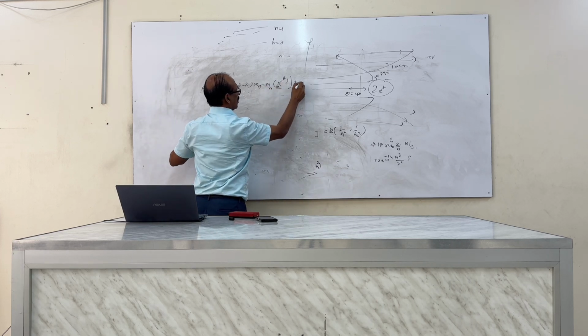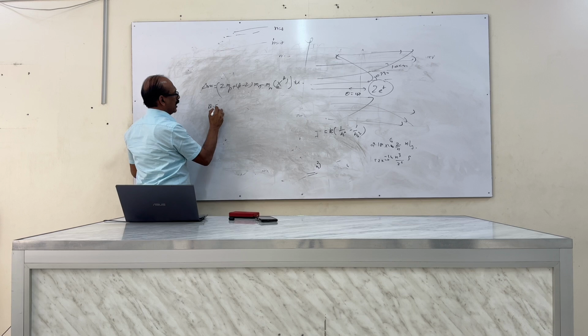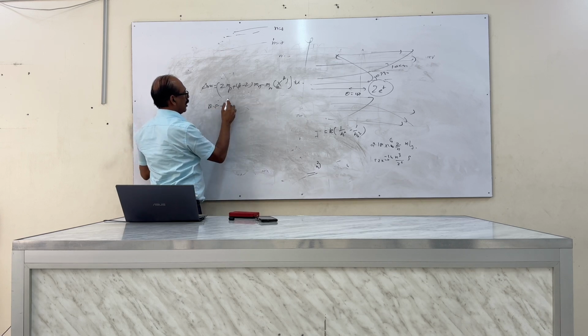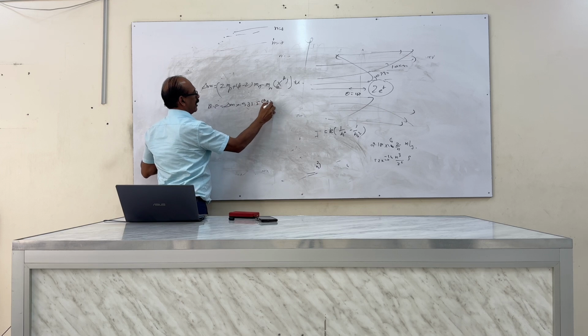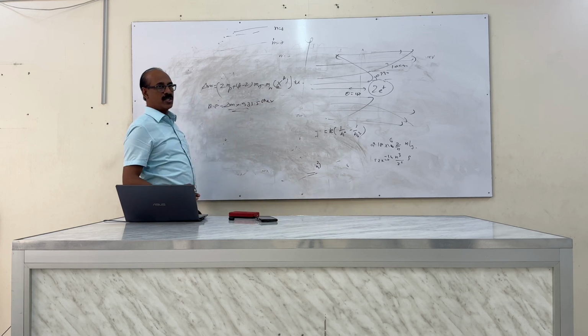This will give you the mass defect in atomic mass unit. Then if you want binding energy, we have to calculate this delta M into 931.5 mega electron volt. Based on this, a question can be asked.